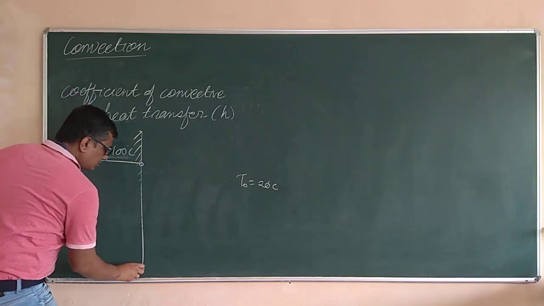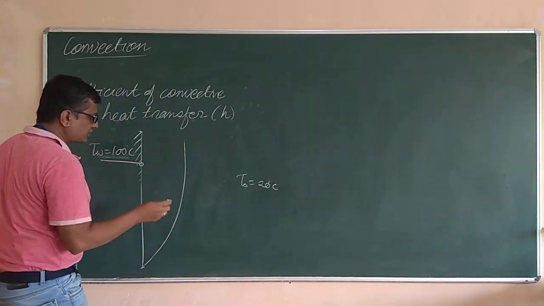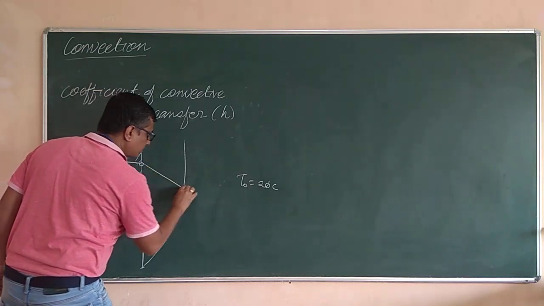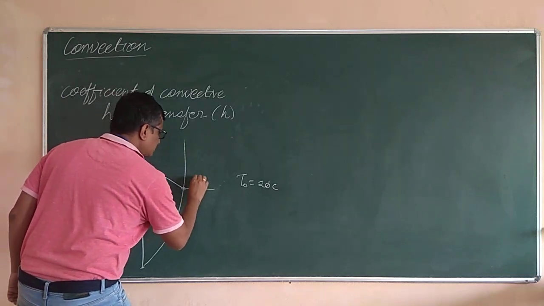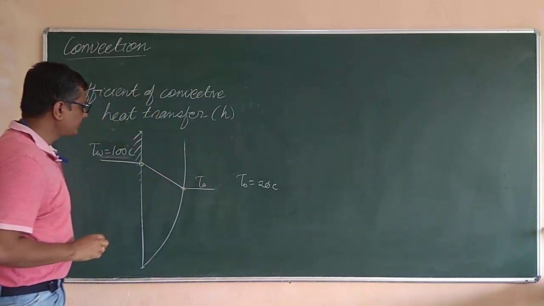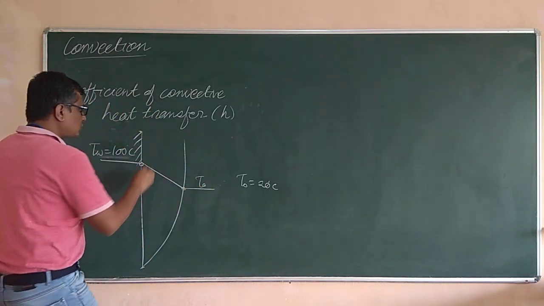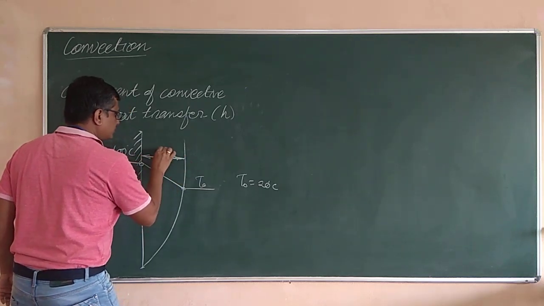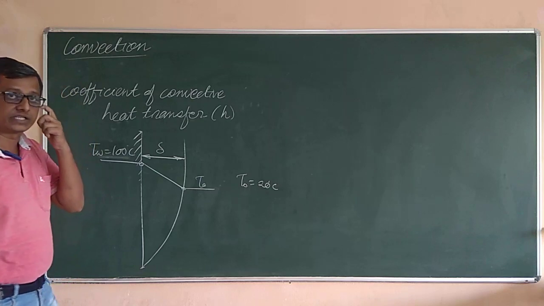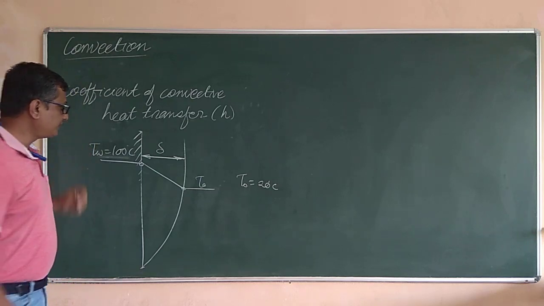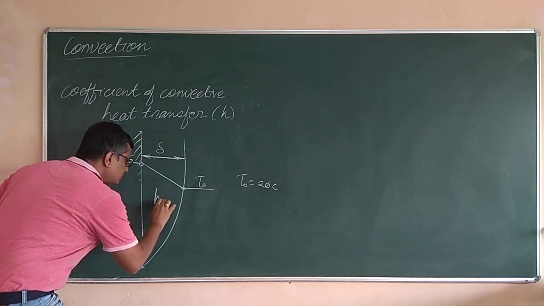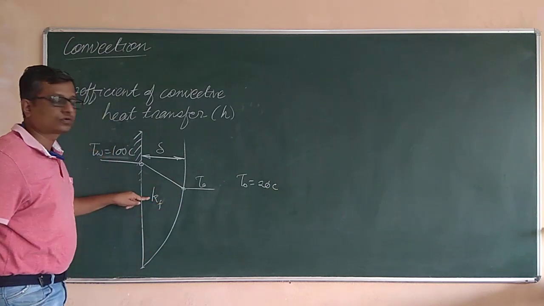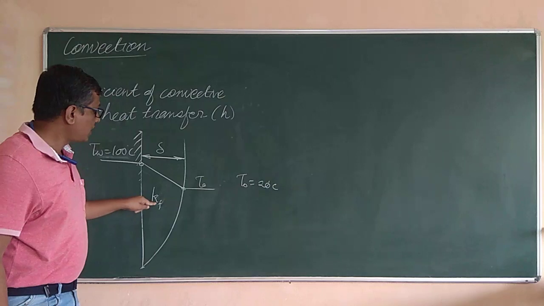And if I check up to what region this temperature gradient exists, it exists over here. From here onwards it is T0, right? Now this is the film thickness. This is delta, known as the film thickness or the boundary layer thickness. And K stands for the coefficient of thermal conductivity and f stands for fluid.